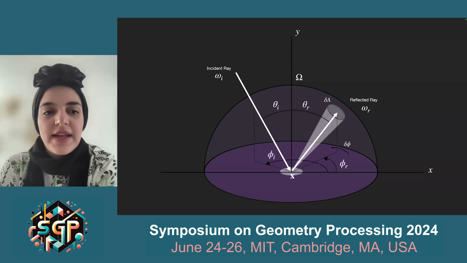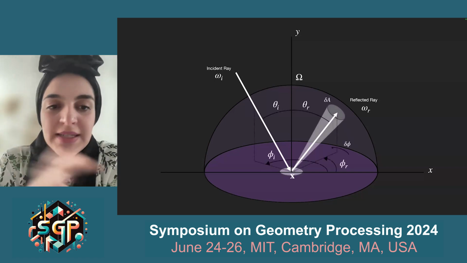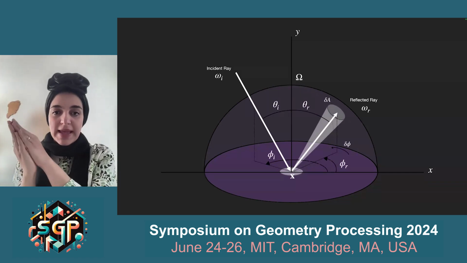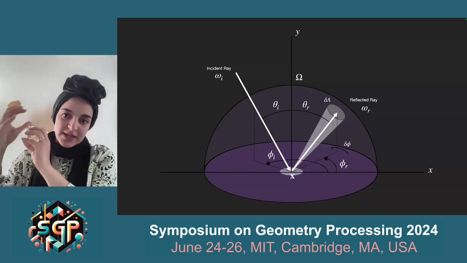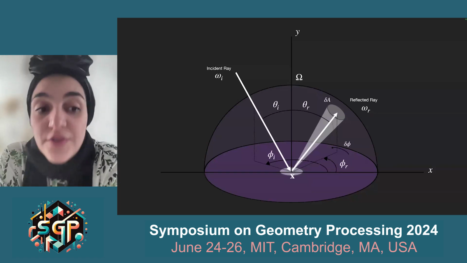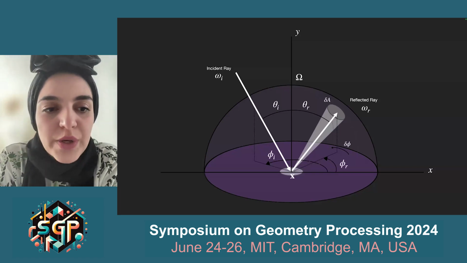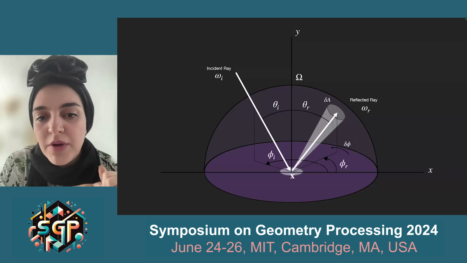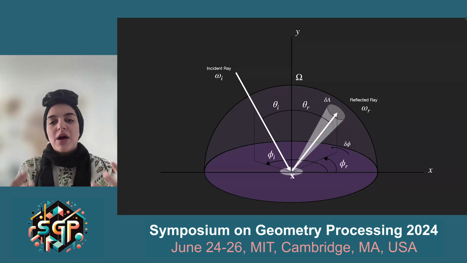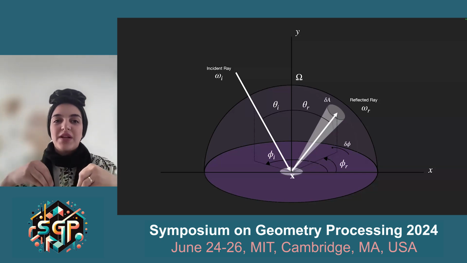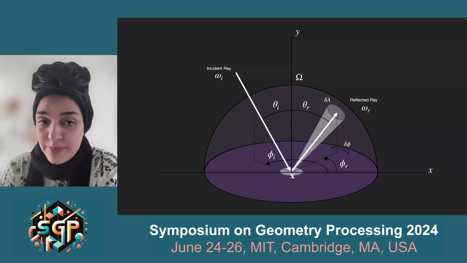So a BRDF does the calculation in terms of a delta solid angle in the plane and the projection of that solid angle onto a delta projected area on the surface of the hemisphere. Putting the spherical geometry and delta stuff aside for a moment, if we think about what this actually represents, it's not that bad. So this is what we need as a delta angle to calculate the BRDF.